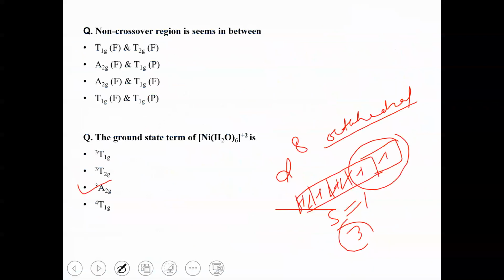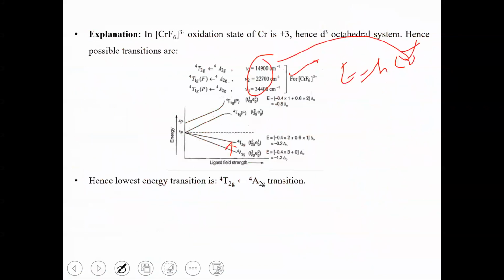What is the summary of this session, basically? You have to remember the Orgel diagram, and all these problems will be solved easily. The first one: you have to identify the non crossover region, where two spectra are not bisecting each other.